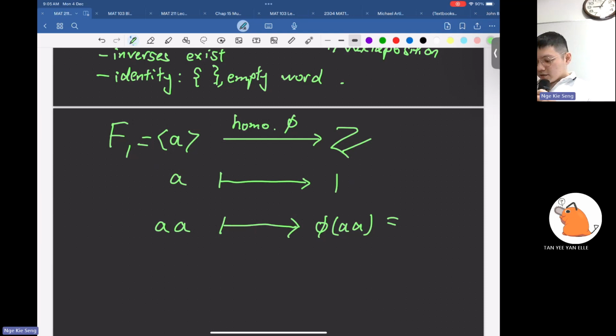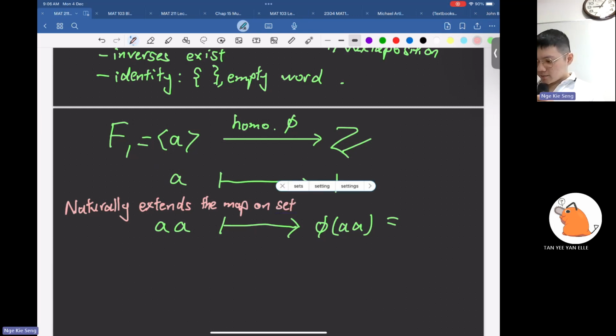This means that I naturally extend the map of sets. I can always do this.